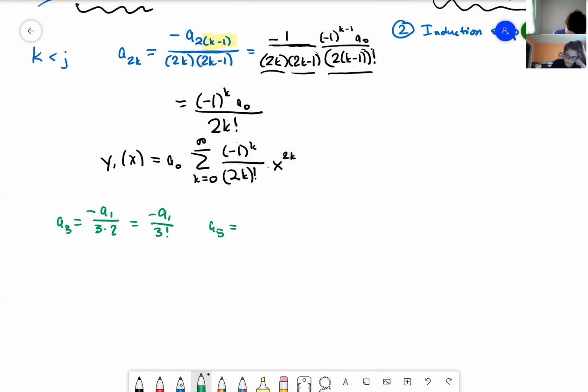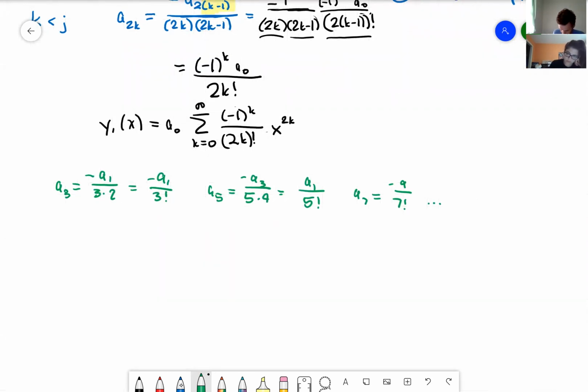A5 is equal to negative a3 over 5 times 4, which is equal to a1 over 5 factorial. And then a7, we will get negative a1 over 7 factorial, and so on.